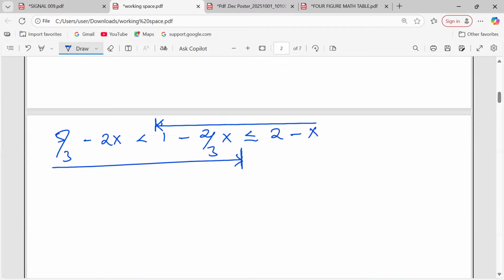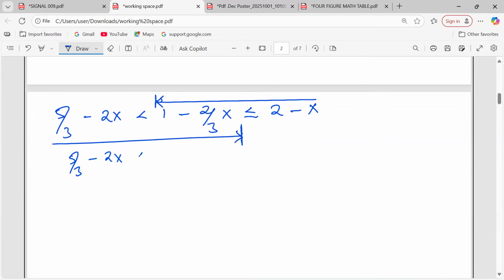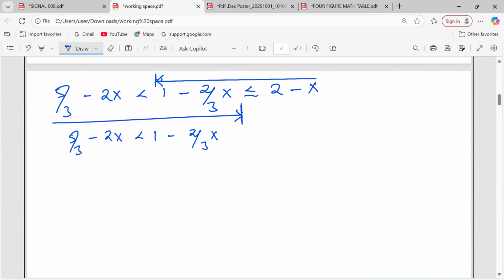So now we start with the first one, 5/3 minus 2x less than 1 minus 2/3x. We group terms together, right? So you shall allow me now. You can arrange terms to the best of your knowledge. Like 5/3, we can first make it 1 and 2/3, minus 1.